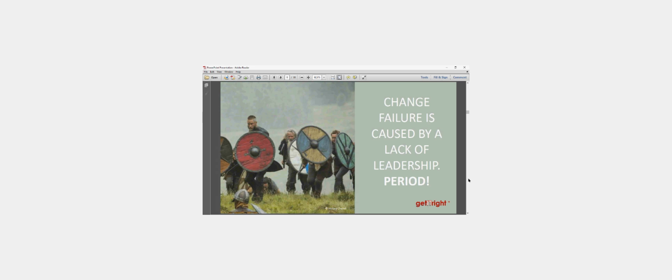A lack of setting an example, and that's why I've got this photo of Ragnar Lothbrok here, because a leader means that other people are following. And we need to start changing our behavior as managers and leaders in organizations if we want to be successful in actually getting results from change initiatives, from making the organization a place for all stakeholders.